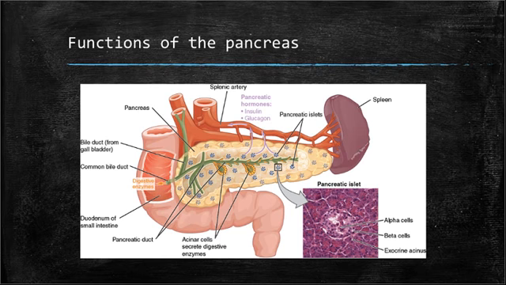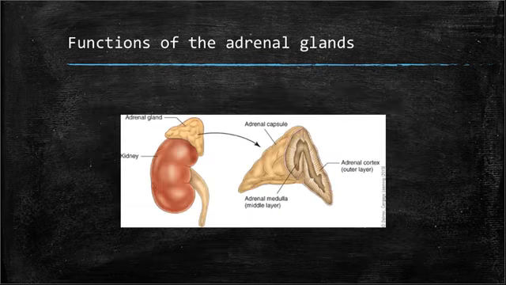Moving on to our adrenal glands next. So the adrenal glands sit right on top of our kidneys like little hats. They are thought of as 2 glands, the outer portion known as the adrenal cortex and the inner portion known as the adrenal medulla. Looking at the adrenal cortex first, it produces and secretes corticosteroids, which are glucocorticoids, mineralocorticoids, and sex steroids.